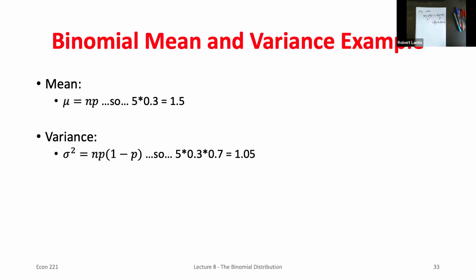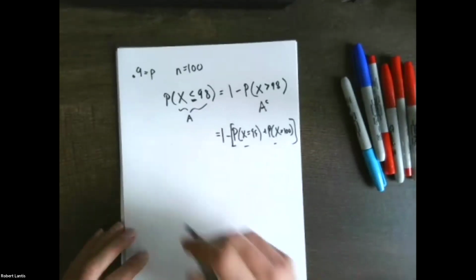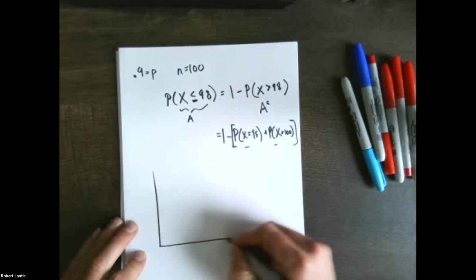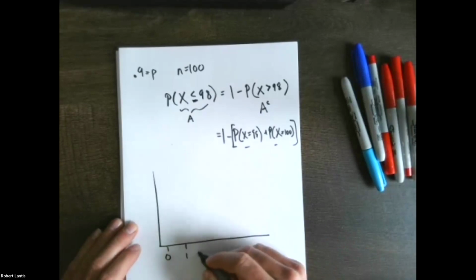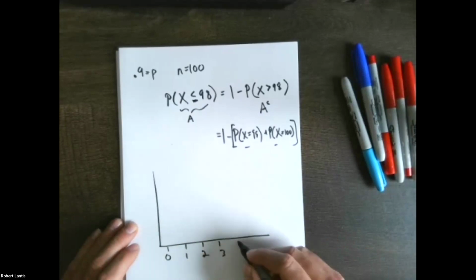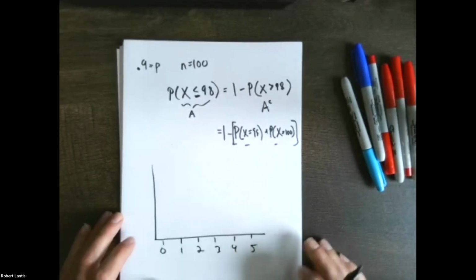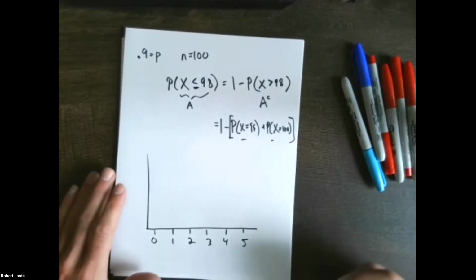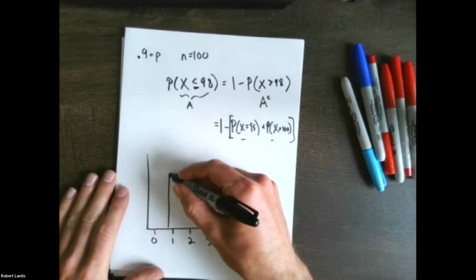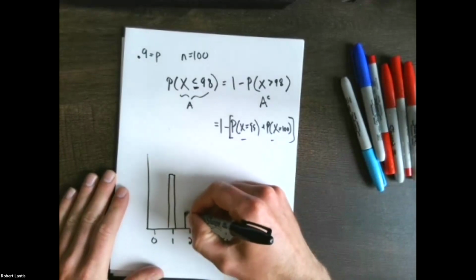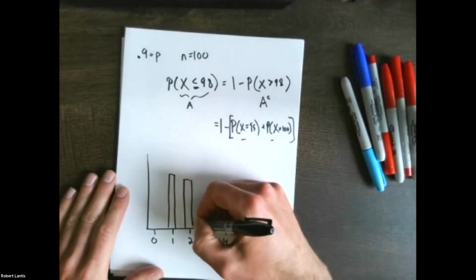So in our example, notice the mean was 1.5. So I'm thinking about 0, 1, 2, 3, 4. Here's all the possible numbers of people I could see with a college degree. So if the expected value is 1.5, it should be that 1 and 2 are the most likely outcomes.